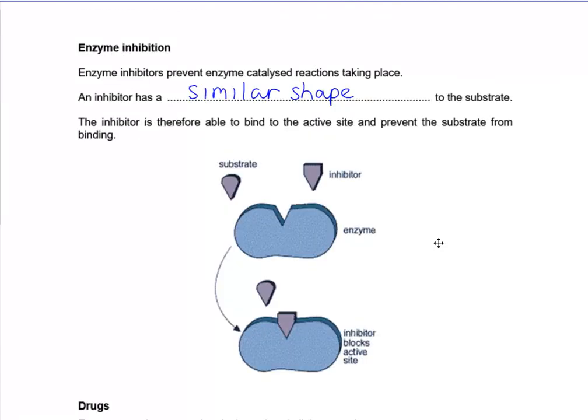Enzyme inhibitors are molecules that stop enzyme catalyzed reactions taking place. Inhibitors have similar shapes to the substrate. They're important molecules and are often used as drugs to treat disease, where they interact with enzymes that are involved in the disease process.